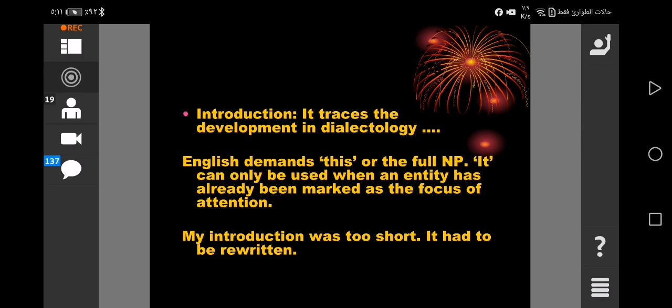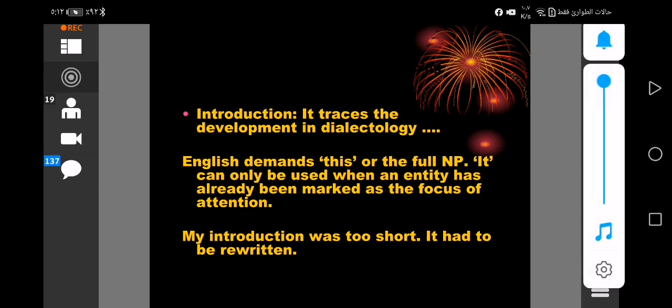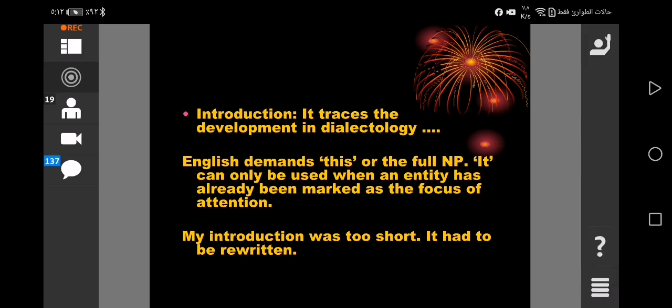This is a problem that usually occurs when you write your thesis. You write introduction and then you write it traces the development, it referring to the introduction.